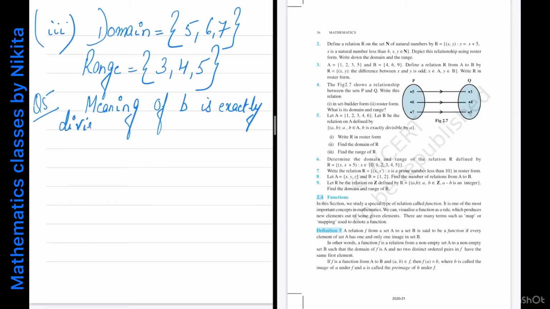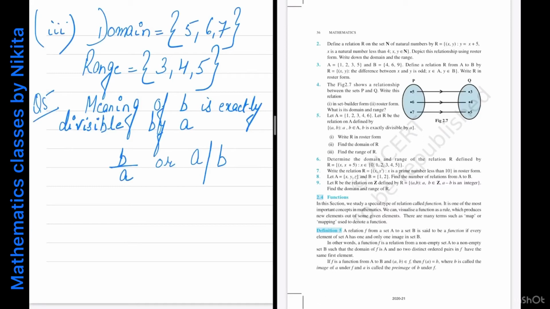See, if the concepts are clear, then you can solve the questions easily. Now first of all, this is denoted by B divided by A, or it is also written as A divides B. So this is a slash.